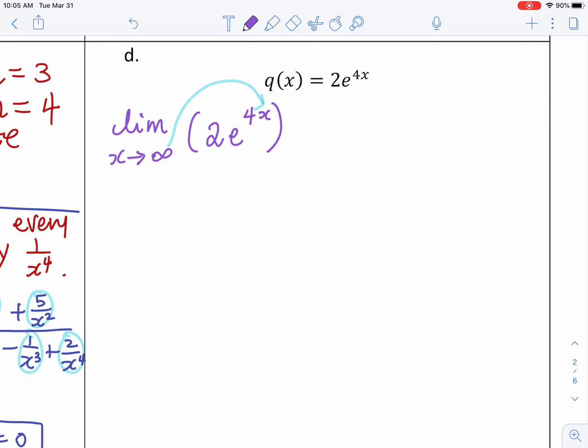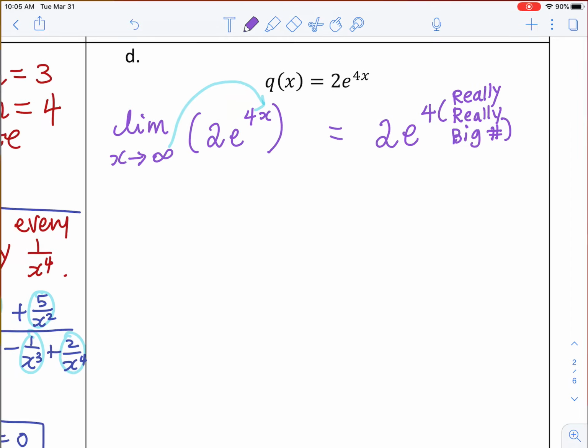That exponent is going to be extremely big, right? So what is 2 times e to the 4 times a really, really big number? I really don't want to write this, but I will, because that's not what we're doing.